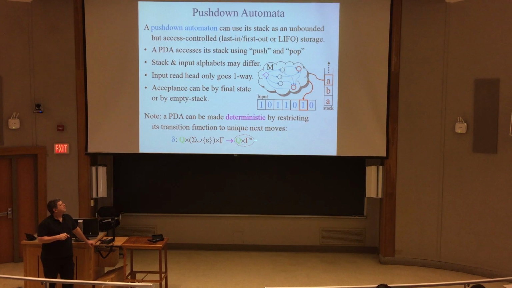If you'd like, you can replace the top of the stack by some string rather than a symbol. So that string could be epsilon, which means implicitly it's a pop. If that A is replaced by an epsilon, then A is gone from the stack.